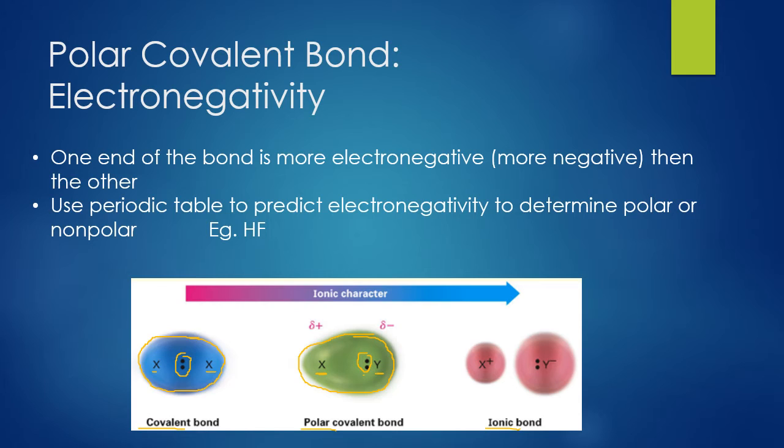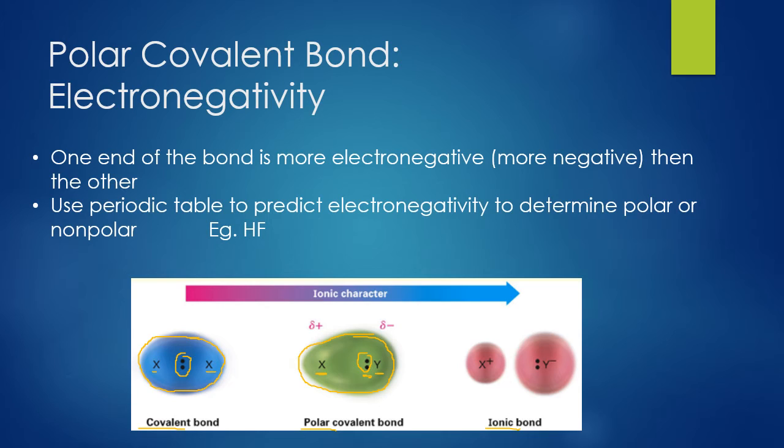That's because, if you notice, the electrons are closer to the Y atom. Why? Because the Y atom wants it more. The Y atom is more electronegative, so it pulls the electrons closer to it instead of sharing them equally.